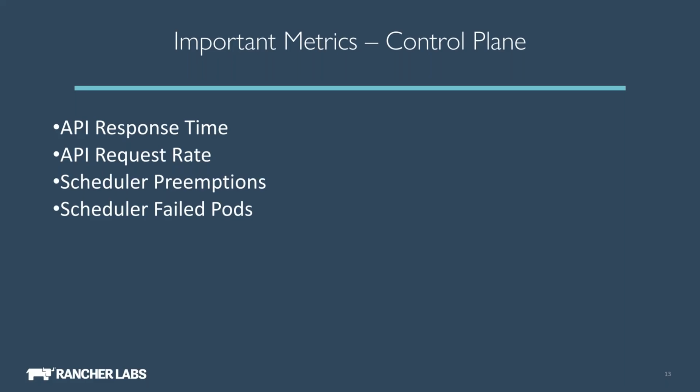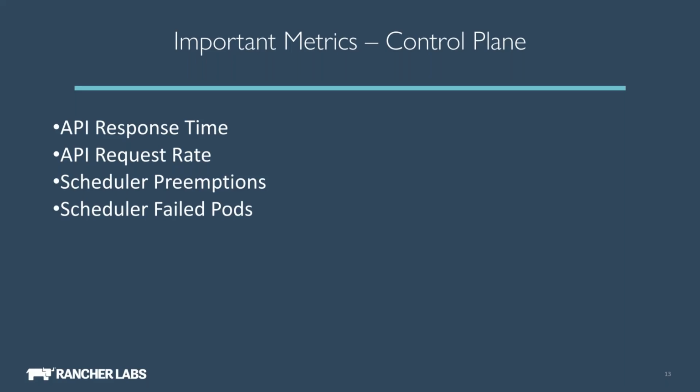So from the Kubernetes control plane, we want to start looking for deltas on these things. So API response times, because we know that sometimes our system is under load and sometimes it's not. So the important thing is to first understand your system, understand how much resources it's using, but also have it hooked up so you know how long your workflows should take in your system.